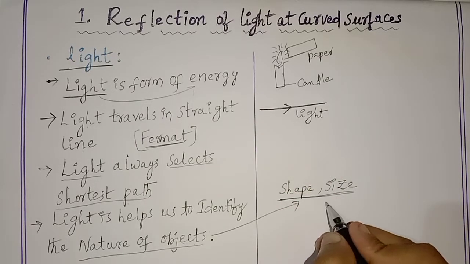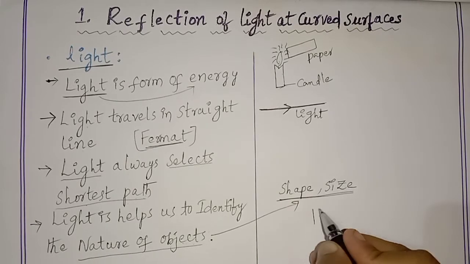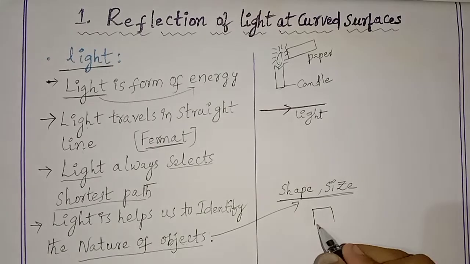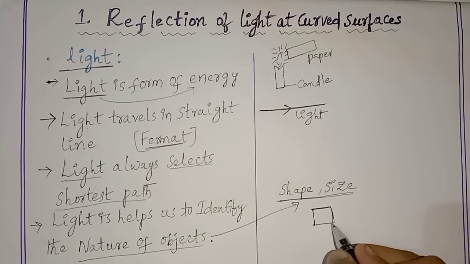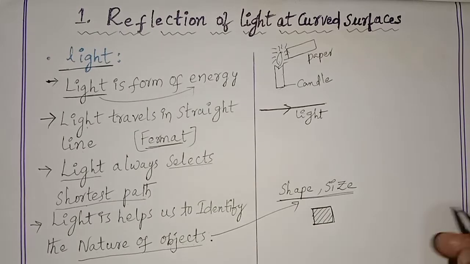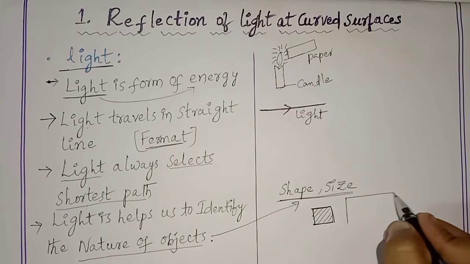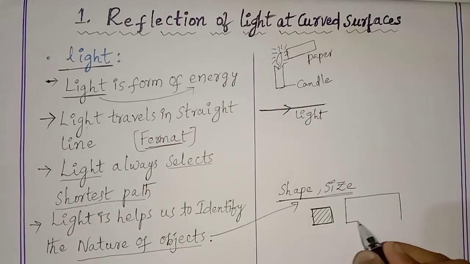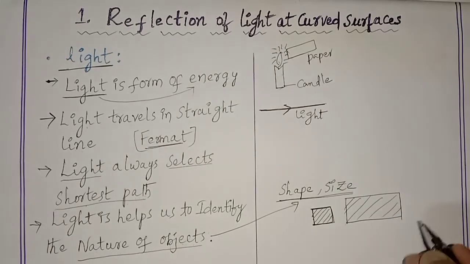For example, I am going to take two figures here. This is the first figure. What is this? It seems to be a square. This is the object which is in the shape of a square. Let us take one more object which is in the shape of a rectangle. So what is this? This is the rectangle.